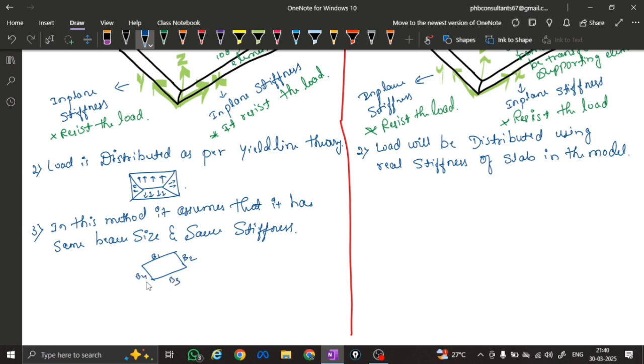Here in membrane it assumes that all beams B1, B2, B3, B4 are same size. Due to same size of these beams, the stiffness is also same. So it assumes like that.